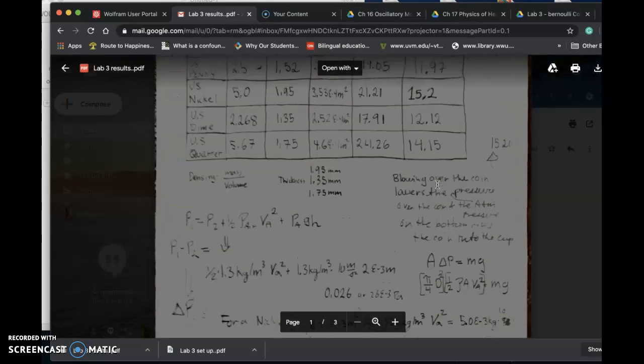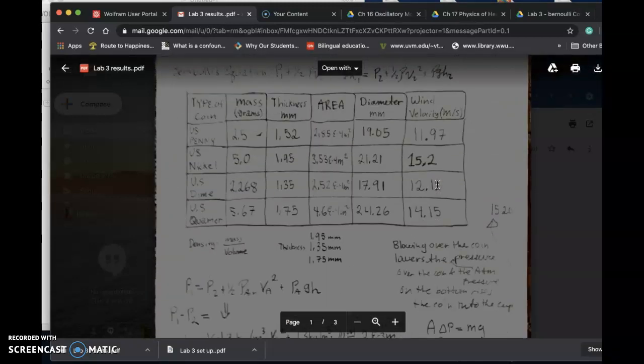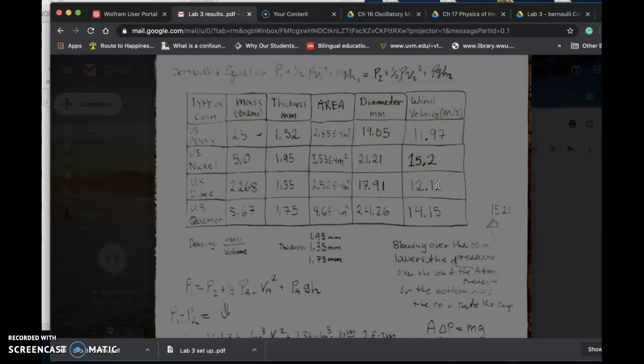As you can see, the difference between the nickel and the quarter is that the quarter has a larger area than the nickel as well.